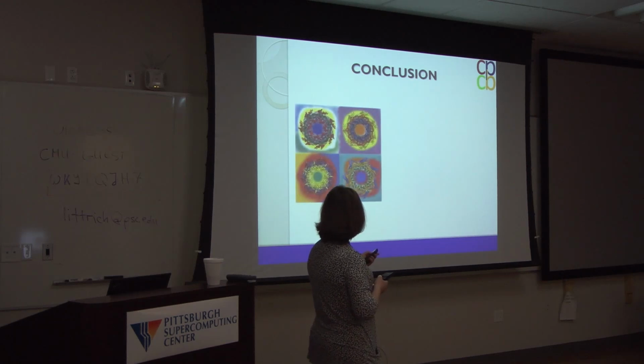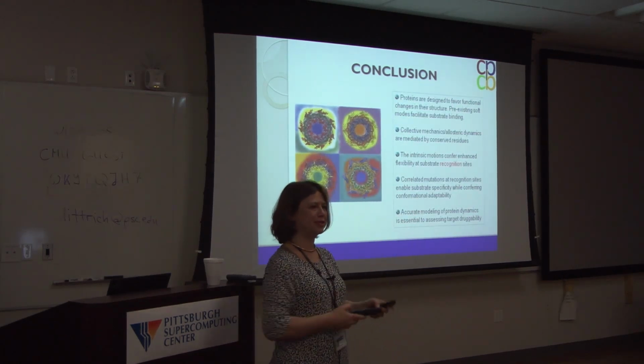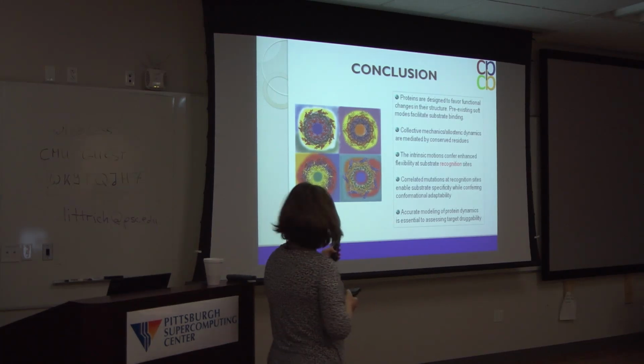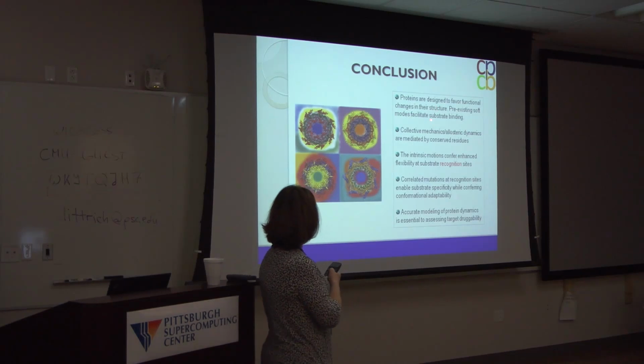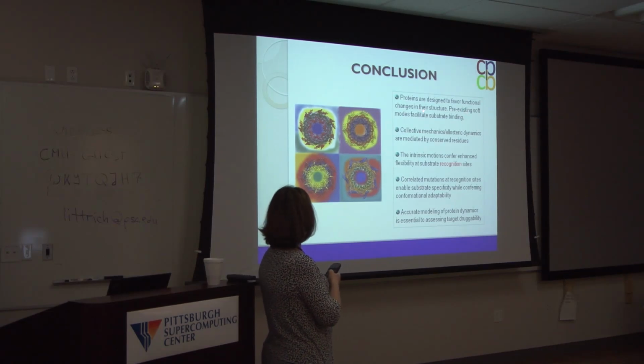Finish. So the conclusion, just summarizing everything, and I know that you want to go on to the next: proteins are designed to favor functional changes in the structure. Pre-existing soft modes facilitate those functions. And the collective mechanics are enabled by conserved residues.